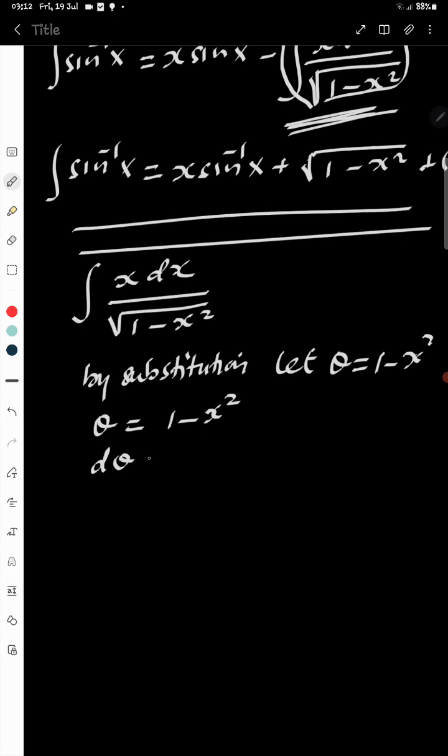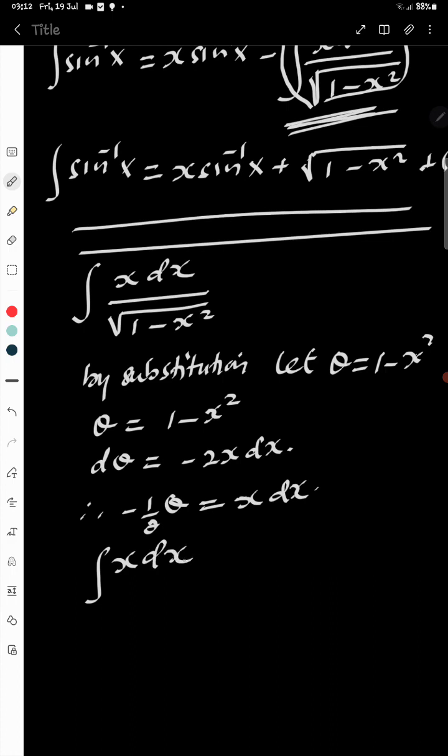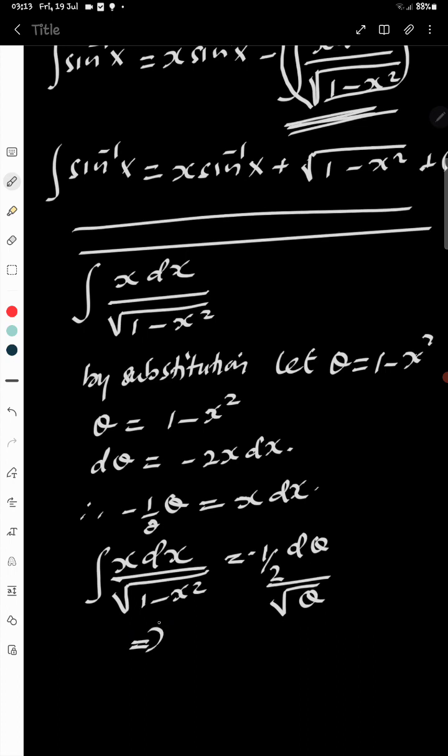Therefore d theta is equal to minus 2x dx. Therefore, negative half d theta is equal to x dx. Therefore, the integral of x dx over root of 1 minus x squared equals negative half d theta over root theta.